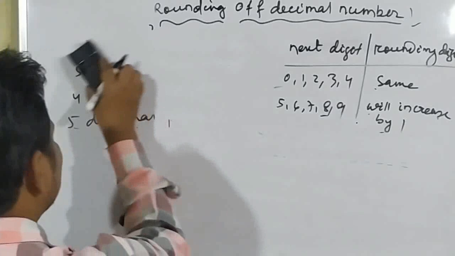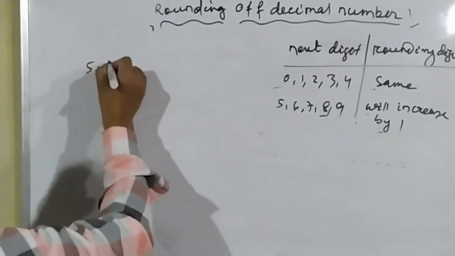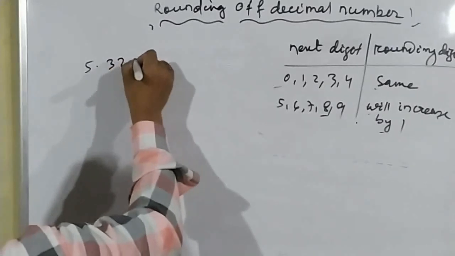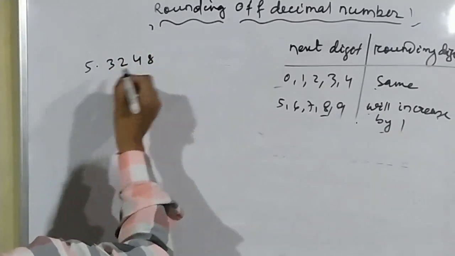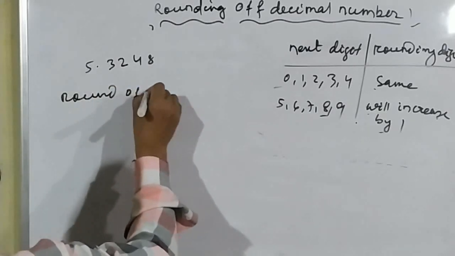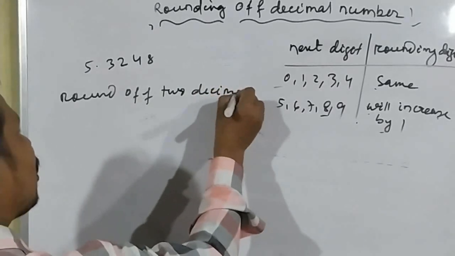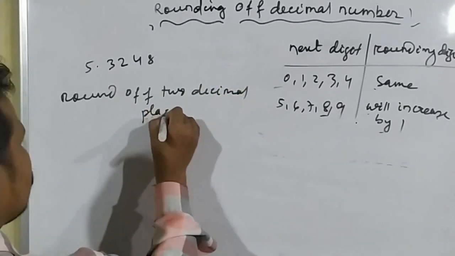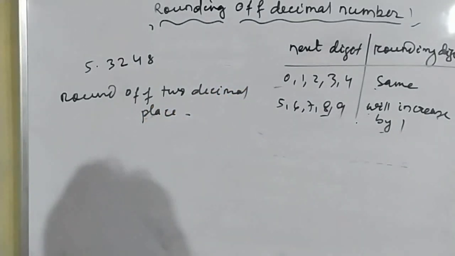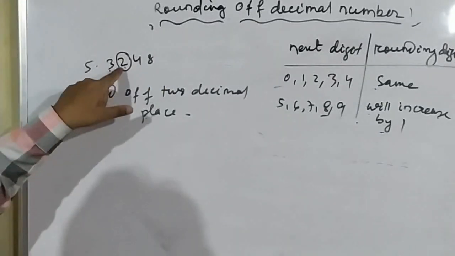Suppose we take another example. We have the number 5.3248, and we have to round off to 2 decimal places. Where is the second decimal place? This is the first decimal place, and this is the second decimal place. We have to round off this digit.